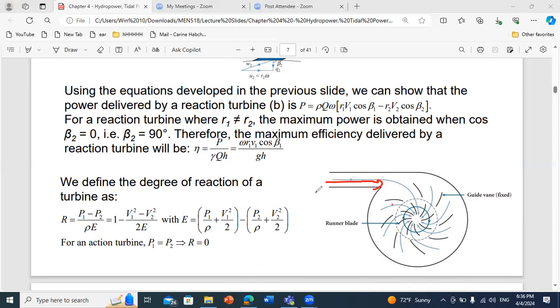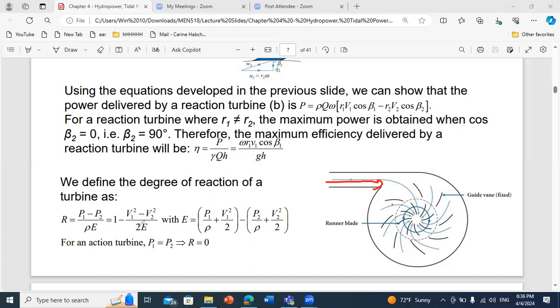And both types of energy will be transformed into rotational mechanical energy that will rotate the shaft of the turbine, and this rotation will produce electricity through the alternator system.